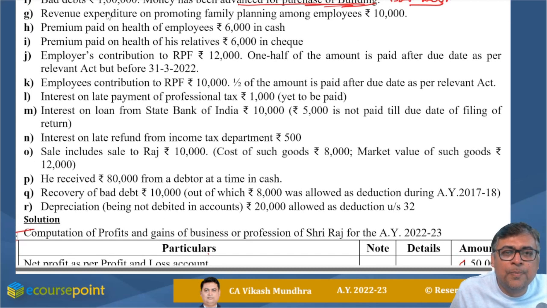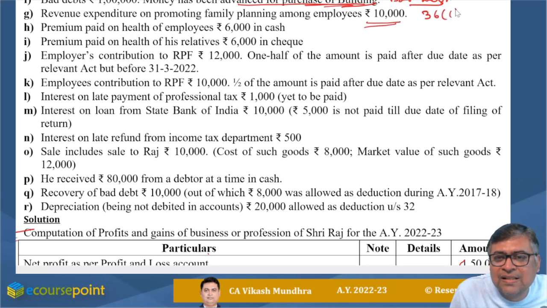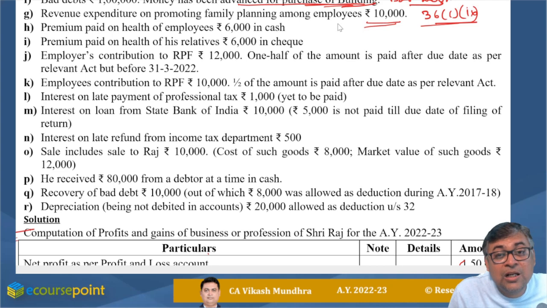Revenue expenditure on promoting family planning among employees, rupees 10,000. Ideally, there is a section 36(1)(ix), but that section covers this type of expenditure only if incurred by a company assessee. However, our assessee is not a company, so that section is not applicable.